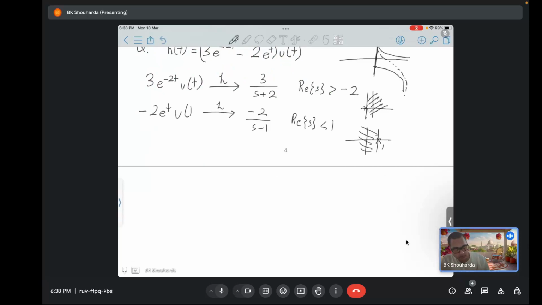Now let us combine them. We have the poles at minus 2 and 1.